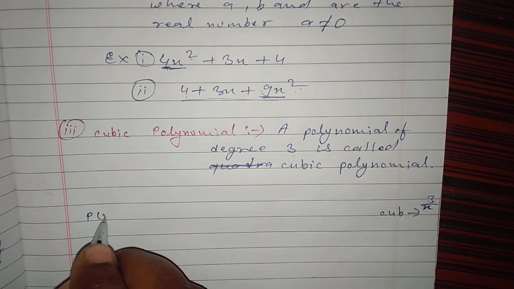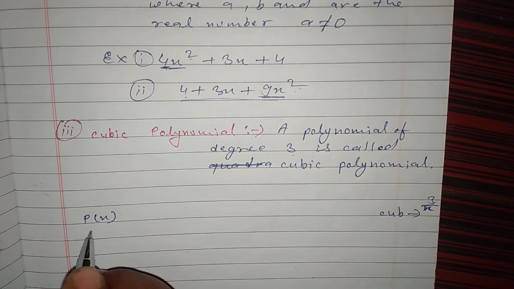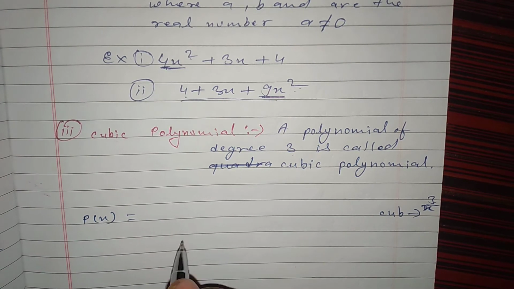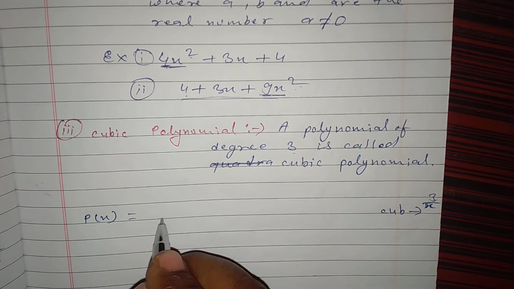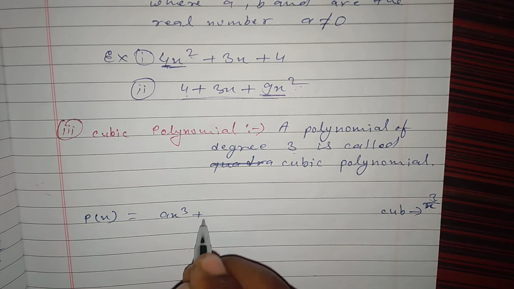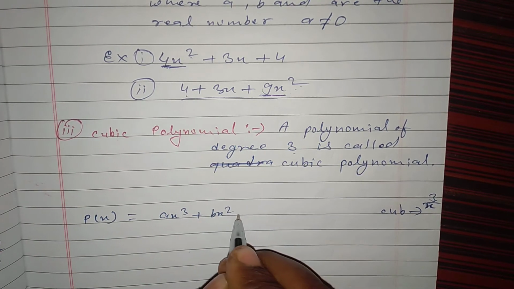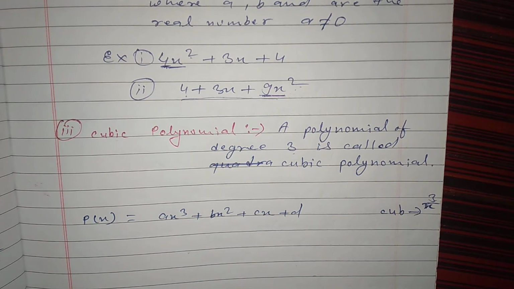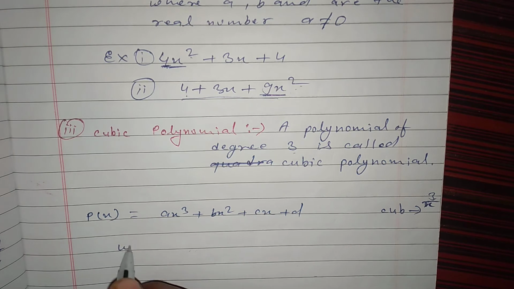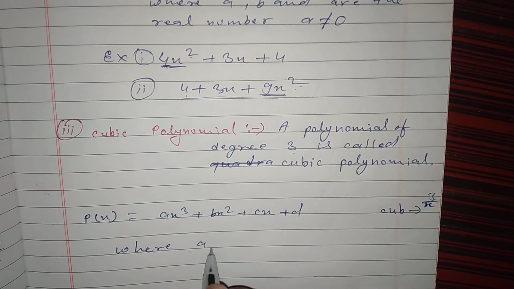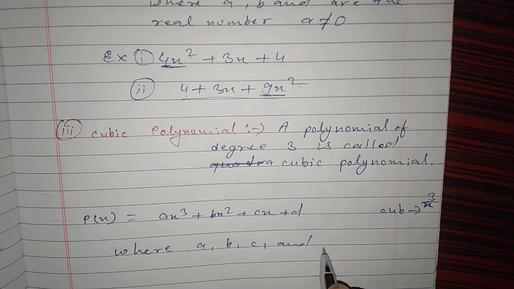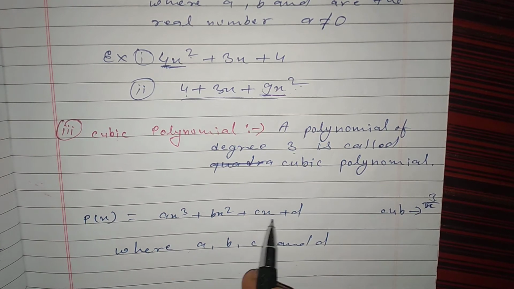Formula: p(x). Suppose p(x) is a cubic polynomial, so we can write ax cube plus bx square plus cx plus d, where a, b, c and d are the coefficients.